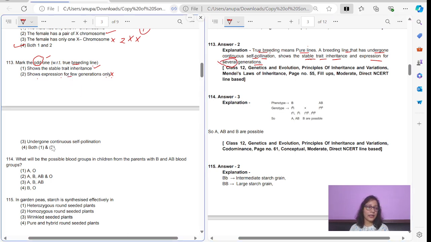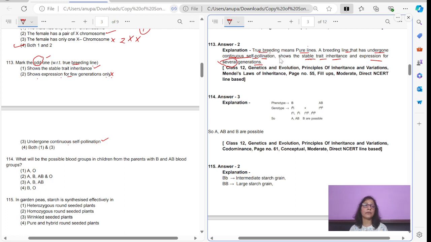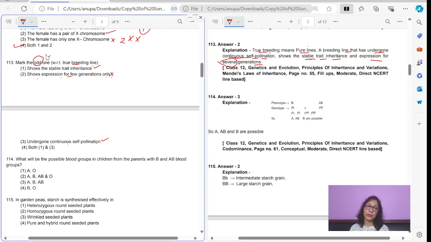And the third is undergone continuous self-pollination. This is also right. It has undergone several or continuous self-pollination, and we have to find out the odd one. So the odd one is option number 2, shows expression for few generations. So the answer for this question will be option number 2.